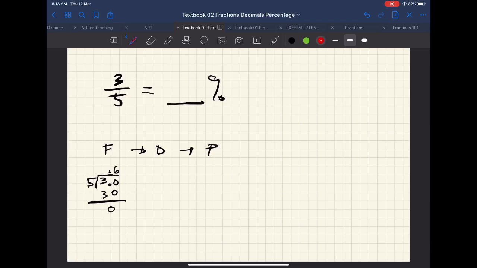So, our fraction is 3/5. Our decimal is 0.6. And as we know, 0.6, to make it into a percentage, we multiply it by 100. How many decimal places? 1, 2. So this is equal to 60. Okay? And so our percentage is 60%.